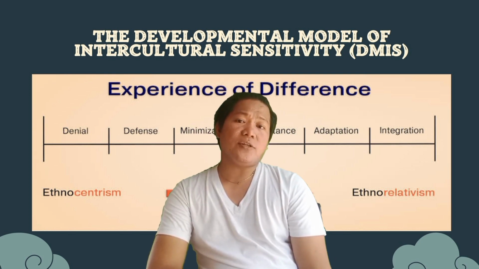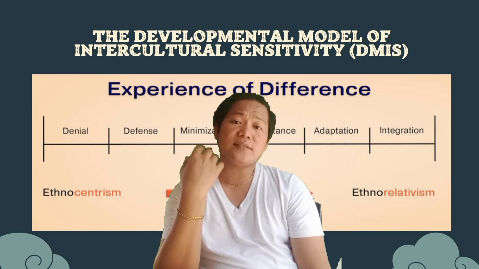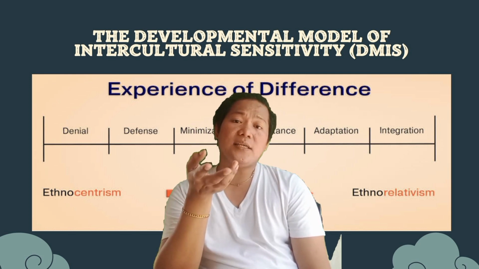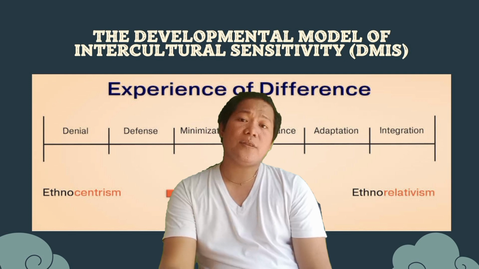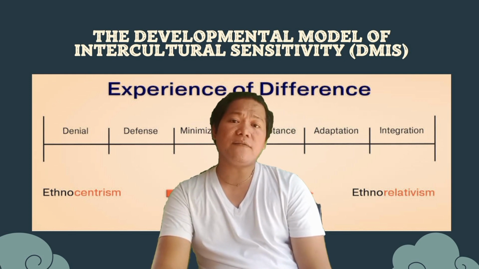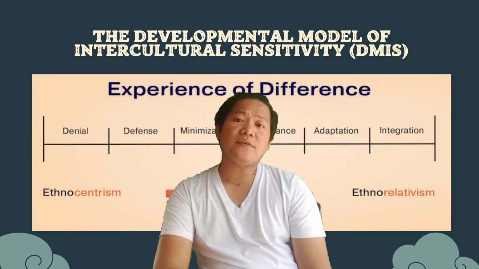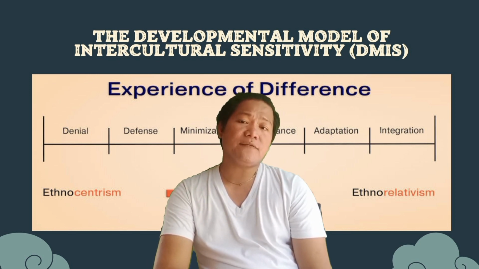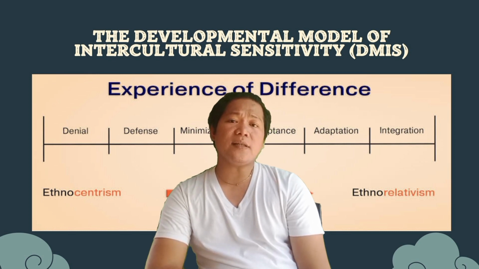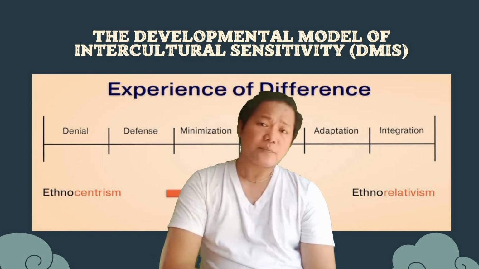So minimization, or the M, measures a transitional worldview that emphasizes cultural commonality and universal values with limited cultural self-awareness. So individuals in this phase are still ethnocentric and may not pay sufficient attention to cultural differences, assuming that other cultures are similar to one's own.